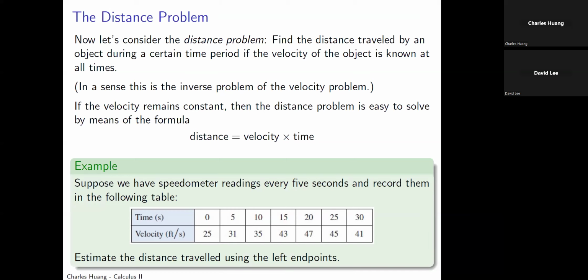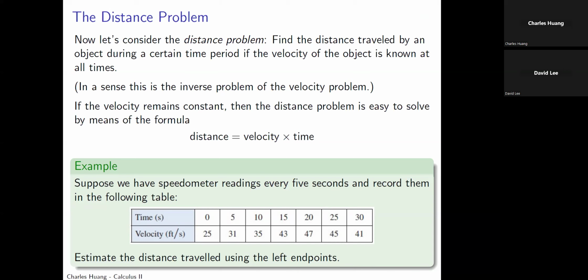The last thing that we want to share today is the distance problem. We want to show you that finding the distance is really the same thing as finding the area. It's the same process. Calculus was developed by mathematicians, and the most prominent one, Isaac Newton, was a physicist as well.